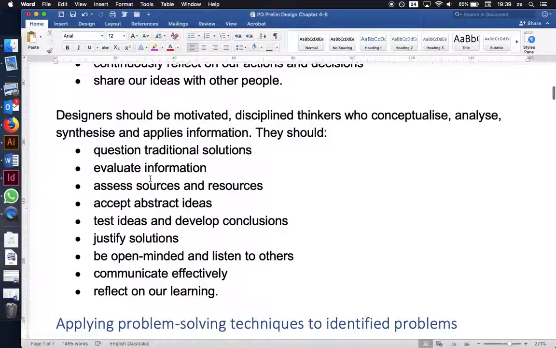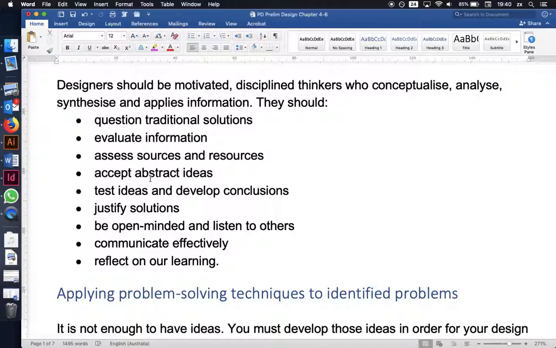Designers should be motivated, disciplined thinkers who conceptualize, analyze, synthesize, and apply information. Now, there's a lot of words there. Motivated means that you're willing to work hard even when it's difficult. Motivated means you have energy. Disciplined means you're willing to do it even when it's difficult. People who conceptualize come up with the initial idea. Analyze means to understand that idea.